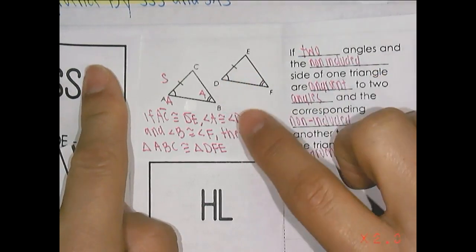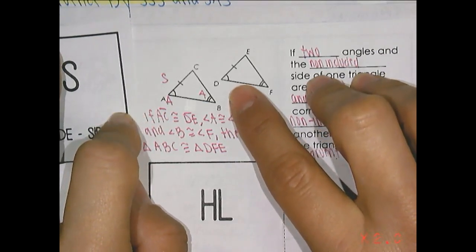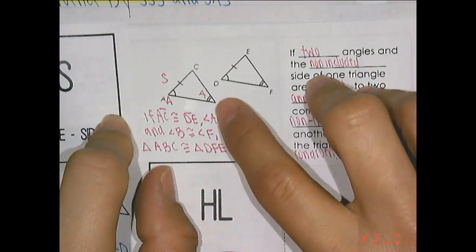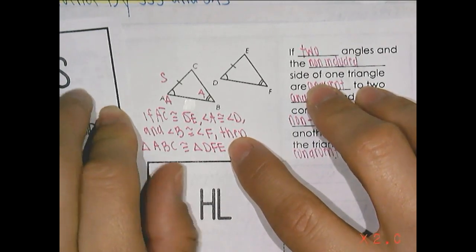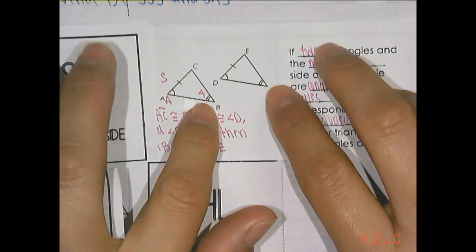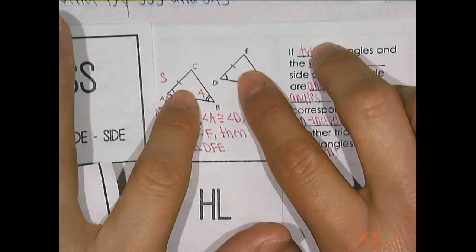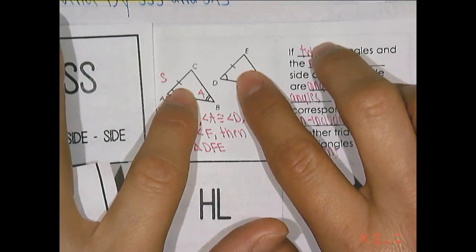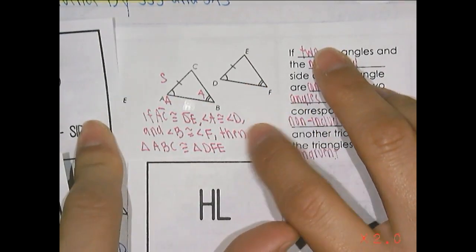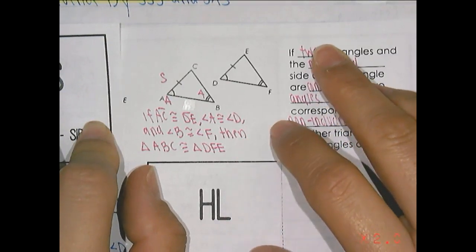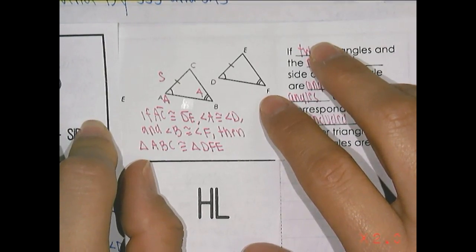Okay, and then we have angle A congruent to angle D. And then we have angle B marked congruent to angle F. So, because two angles and a side are congruent to the corresponding angles and side, and this is not the included side, it's not between the two congruent angles, we can say that these triangles, ABC and DFE, are congruent because of angle, angle, side.